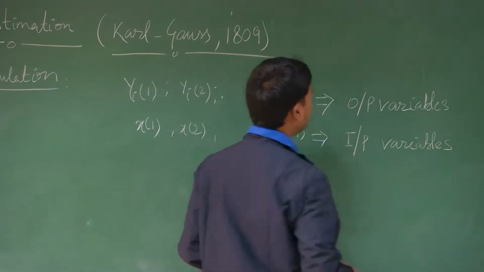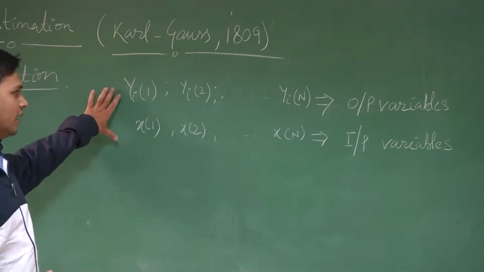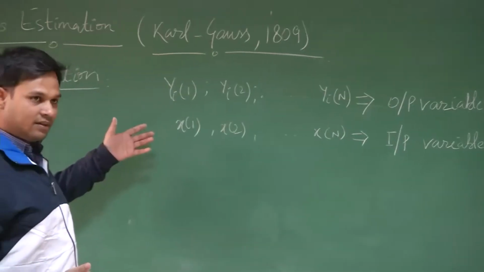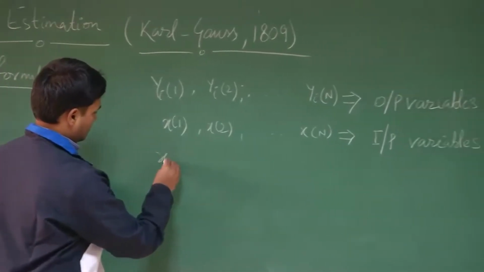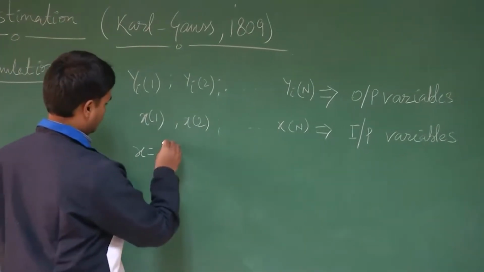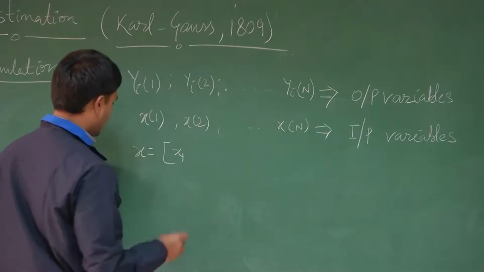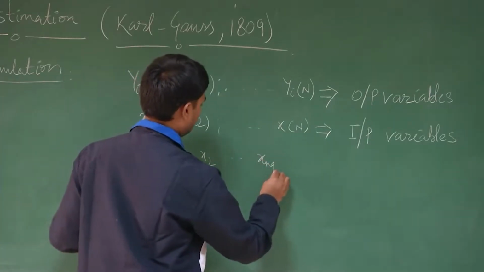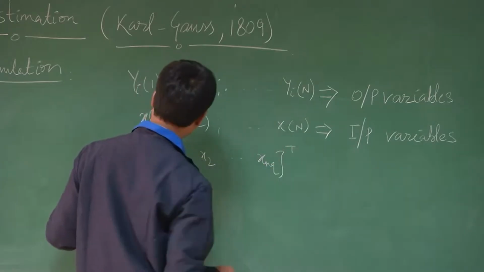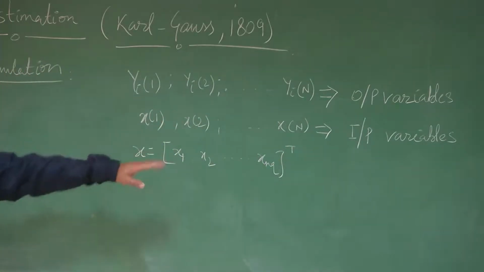So slowly we are progressing through this idea. You have input samples and output samples, and here x is a vector which has x1, x2, up to x nq. So each x has these many inputs.